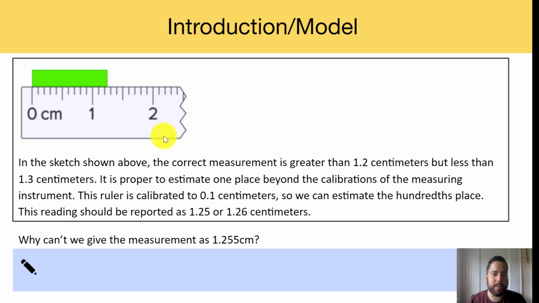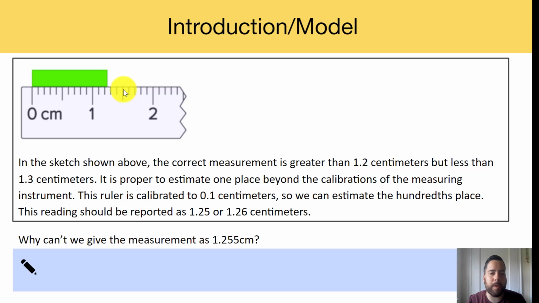In this case, this ruler is calibrated to 0.1 centimeters, right? There's no lines other than those 0.1 centimeters. That is our calibration. So we can estimate the hundredth place. In this example, we estimate it to be 1.25 or 1.26 centimeters.